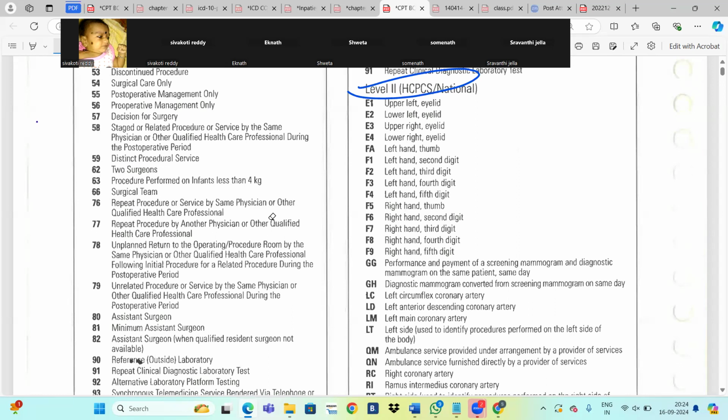Suppose they did blepharoplasty on right upper eyelid. How will you code? The blepharoplasty code, suppose, I am not sure, is this. So they did right upper eyelid. What is the modifier you will add? E3. You need to code like this. Suppose if they didn't mention any modifier and you coded only the CPT code, what is that meaning? They can't identify for which eyelid they did the procedure.